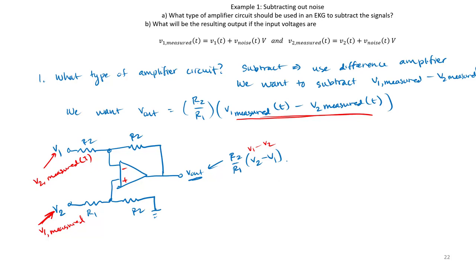For the second part of our question, we are asked what will be the resulting output if we are given V1 measured and V2 measured as shown. Well, here's the interesting thing. If we plug in, for our V2, V1 measured, that will give us V1 of t plus V noise of t.